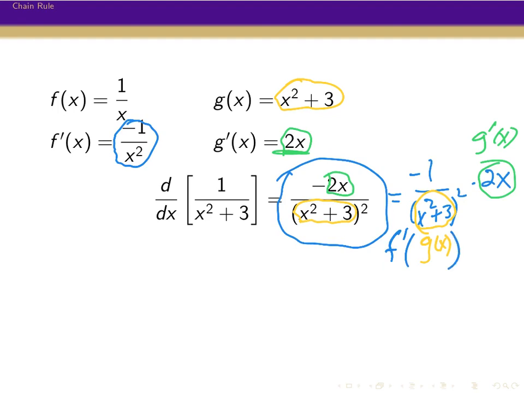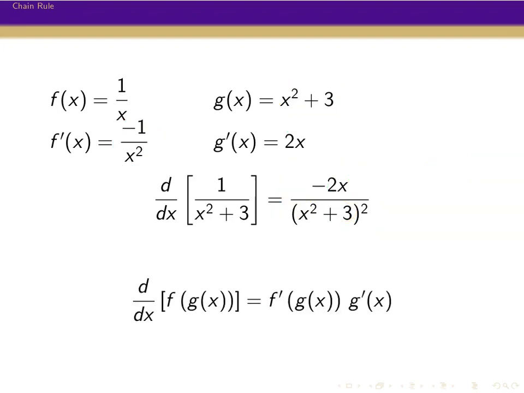So if we're thinking about this in terms of f of g, what did we end up with at the end? Well, we have the derivative of f with g of x plugged in. And then at the end, we then are multiplying by g prime of x. And in fact, that is what the chain rule is.